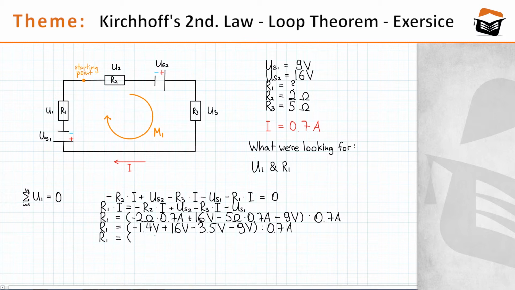Okay, minus 1.4 plus 16 is going to be, sorry, it's going to be 14.6 positive, and then minus 3.5 is going to be 11.1, and 11.1 minus 9 is 2.1 volts.